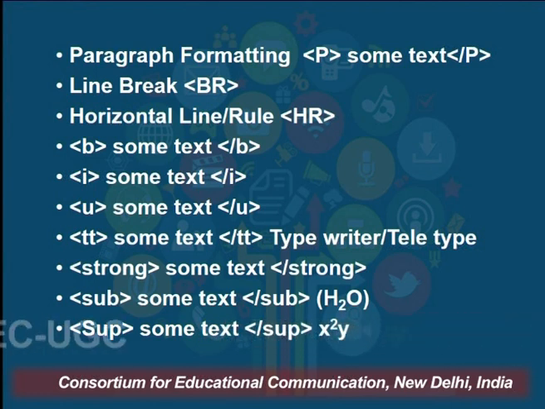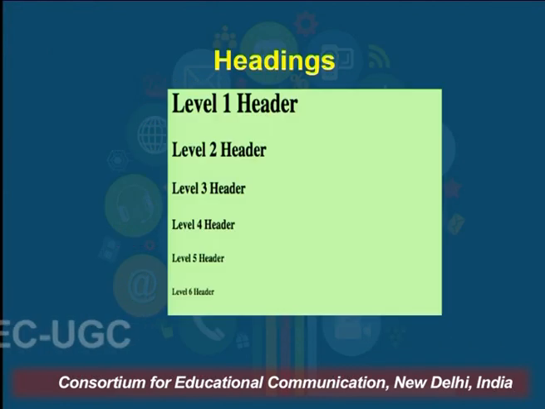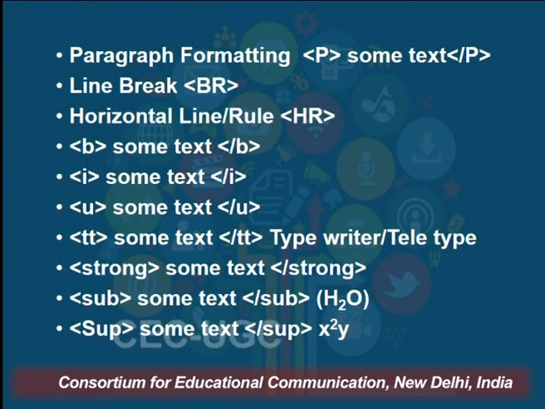These are the basic tags we are talking about at this moment, but all these tags have certain attributes which you can define, and you can further refine the look and output of the tag. Say for example, with the P tag, when you want to define the paragraph, the align attribute can be used, where you can give left, right, center, or even justified.